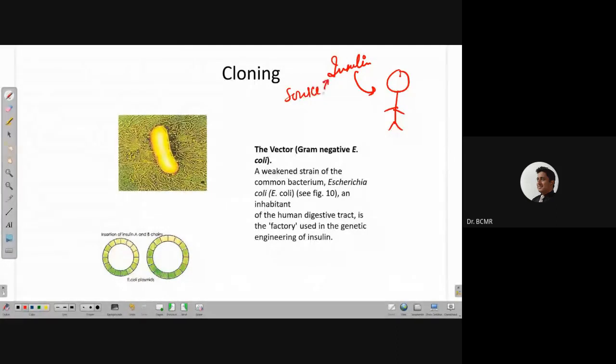In the earliest days, the scientists went to the slaughterhouses and they collected pancreas from thousands and thousands of pigs. Of course, the pigs were sold for the pork. And from the pancreas, they tried to collect insulin.